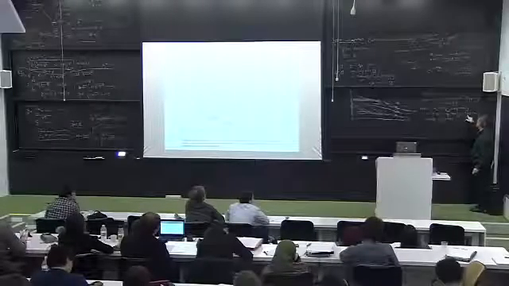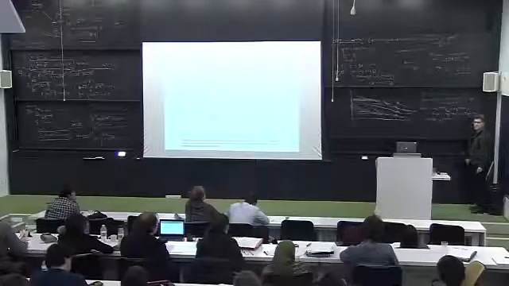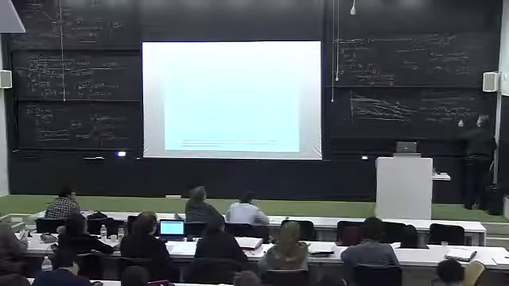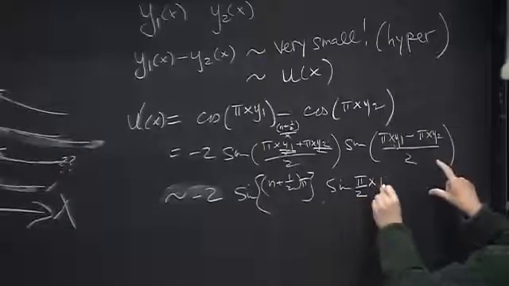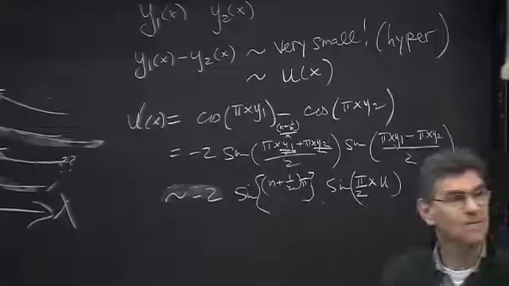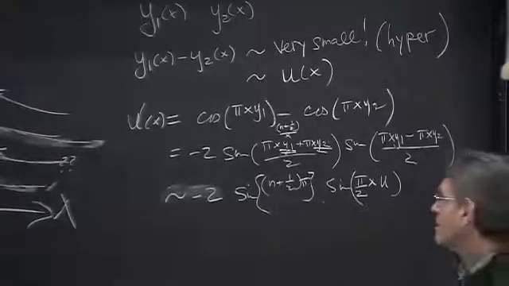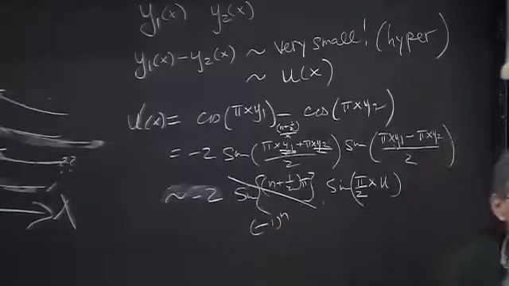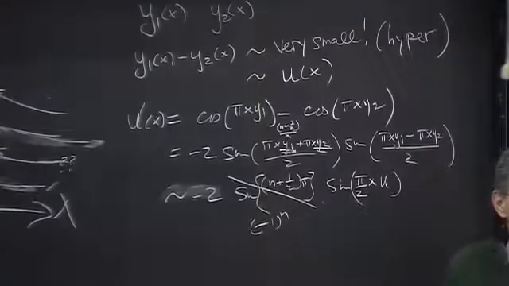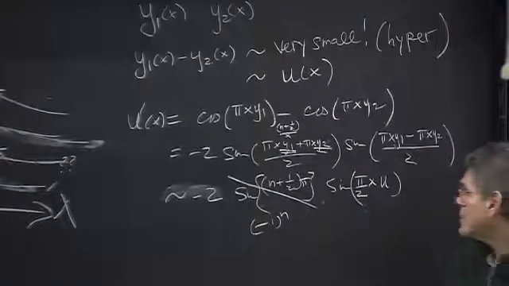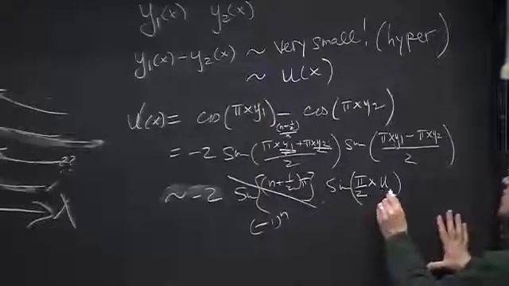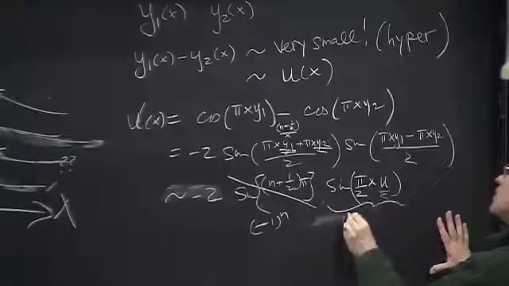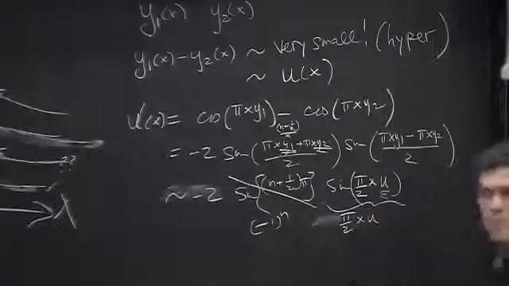But wait a minute. What's the difference? That's u. So this would be sine of pi over 2 times x times u. But what is this? This guy is just minus 1 to the n. Well, that's really interesting, because if this guy is really small, this guy here would be pi over 2 times x times u.